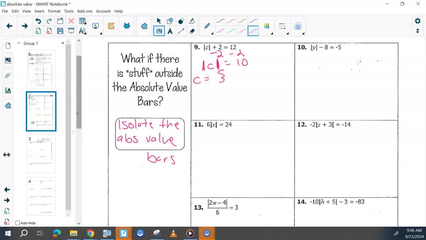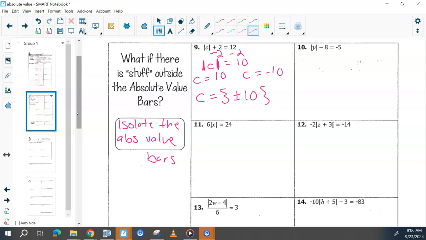But in this case, there's nothing to solve. Actually, let me not do that. I'll do this first. So I would set it to a positive and negative, and then there's nothing to solve, so that would just be my answer. So you would isolate it first, get it by itself, then drop it and set it to the positive and negative, solve it if necessary, and then get your answer.